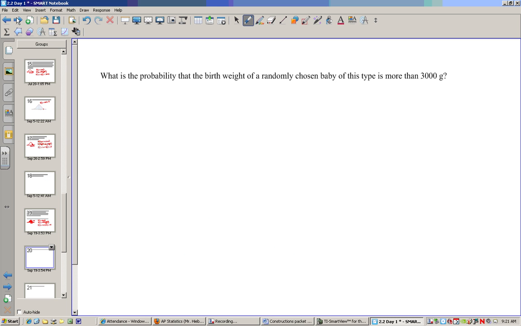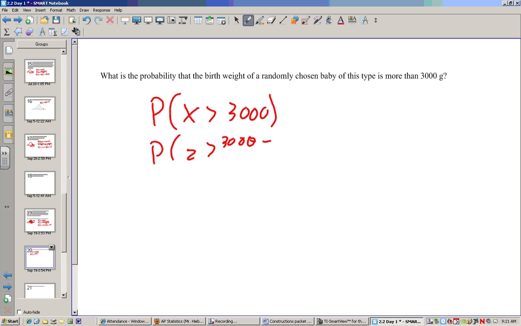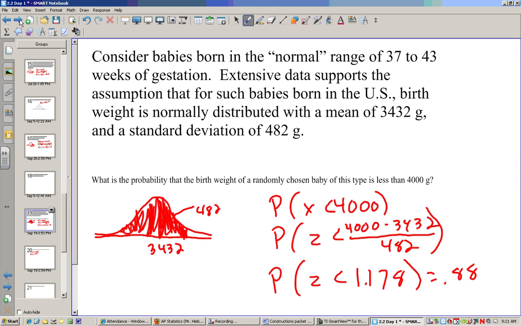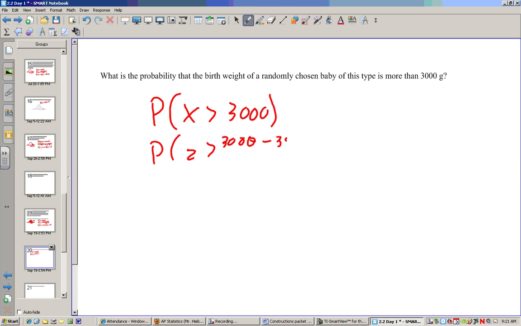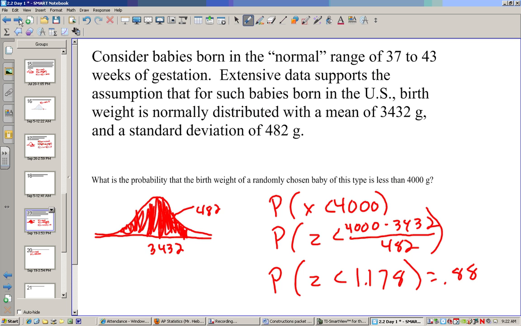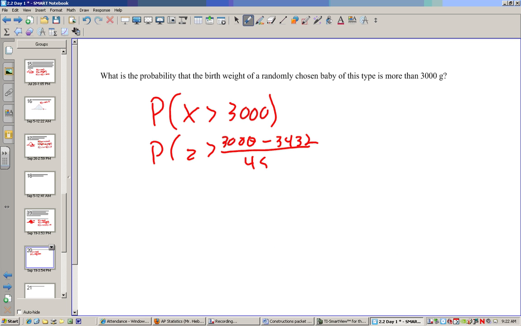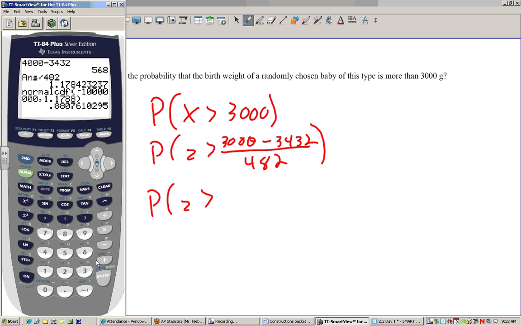What is the probability that a baby in this type would be more than 3,000? So probability that x is greater than 3,000 is the probability that my z-score is greater than 3,000 minus 3432 divided by my standard deviation, which is 482. So that's the probability that my z is greater than, pull up the calculator.